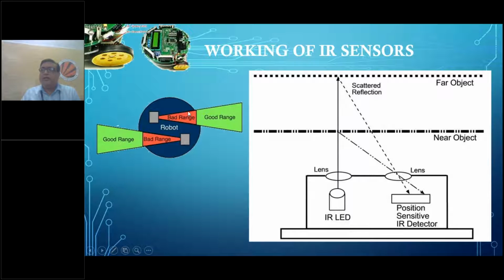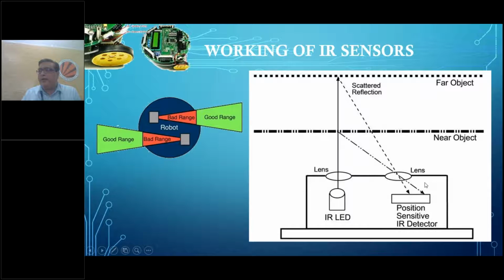If your object is within that particular range of the diameter of the robot, then we can say it is in the bad range, and when it is more than the diameter of that robot, then we can say the object is in good range, so that it can calculate that object distance.